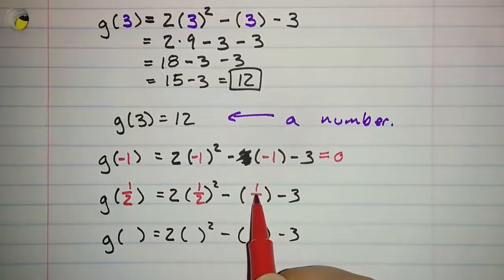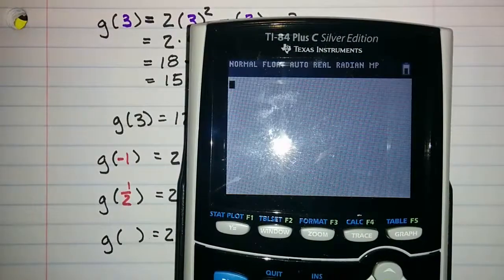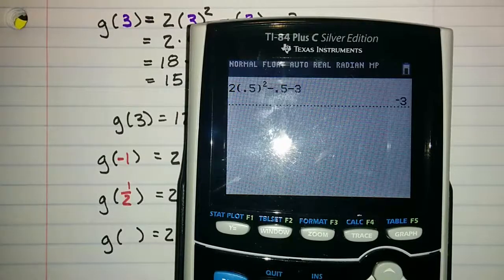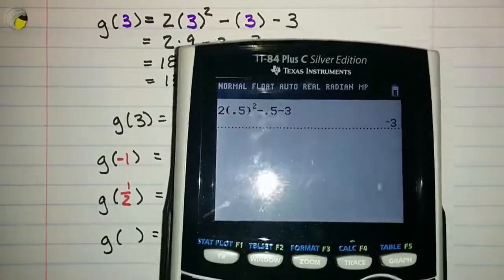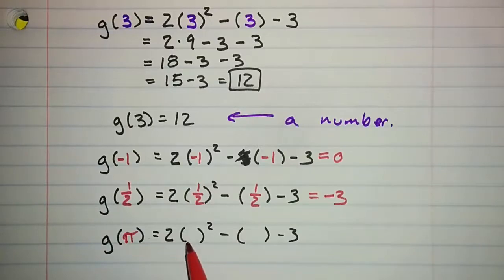That's no problem. I hope no one minds me putting 1/2 into the calculator as 0.5. 2 times 0.5 squared minus 0.5 minus 3. I get -3.